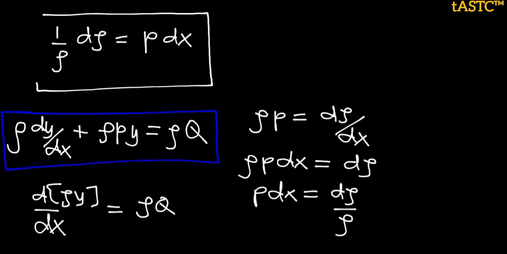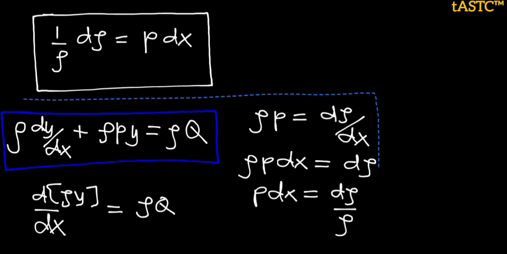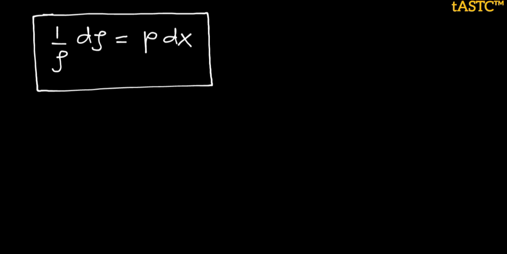Now the last step is actually to take out the derivatives of the variables in this place. In order to do that, we need to integrate both sides. So that is going to be the integral of 1 over rho d rho, and this will be equal to the integral of p dx.